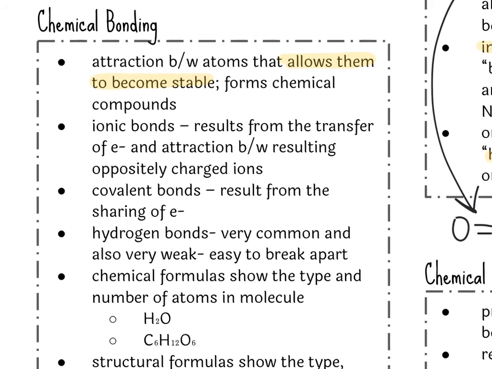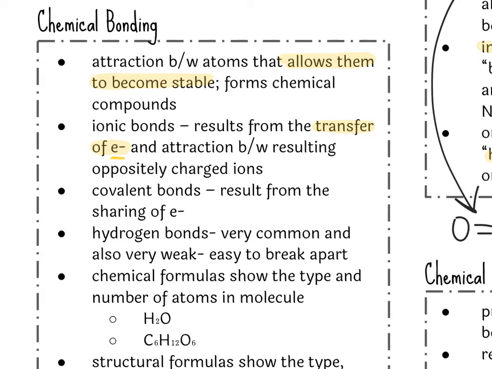And there are different types of bonds. One of the first bonds that we'll talk about is an ionic bond, and it results from the transfer of electrons. That's what this symbol is for, remember?